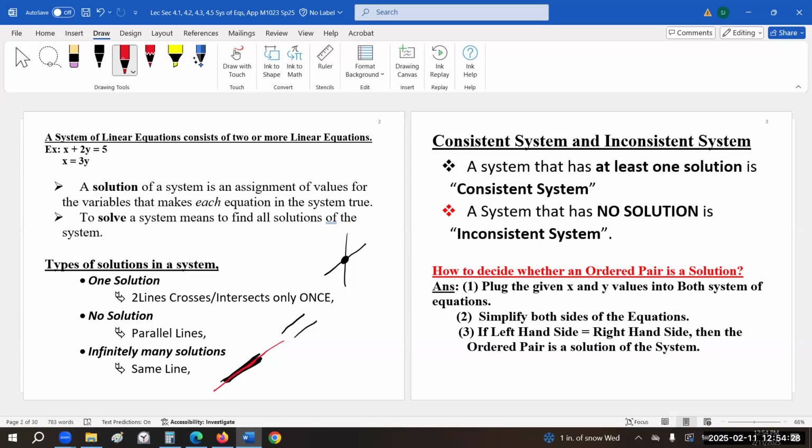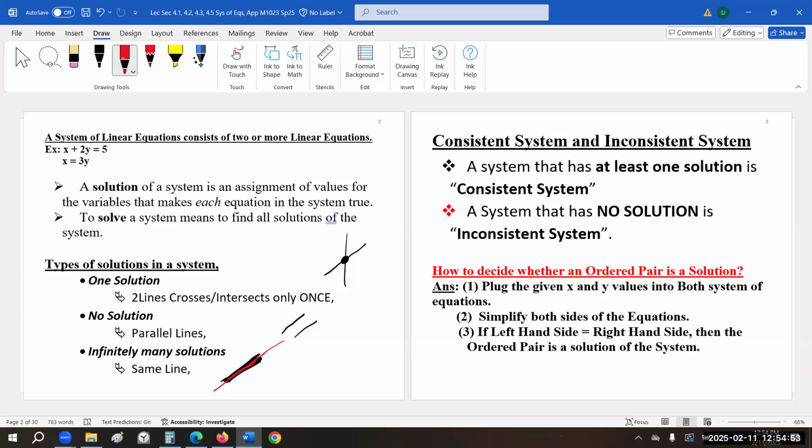Like if one of the lines is 2x, maybe the other line is 4x. So the same line just stretched a little bit more. So when we have the same line looking different, they are touching one another everywhere, infinitely many times. So we get infinite solution in that case. Okay? So 3 scenarios, 3 types of solution.